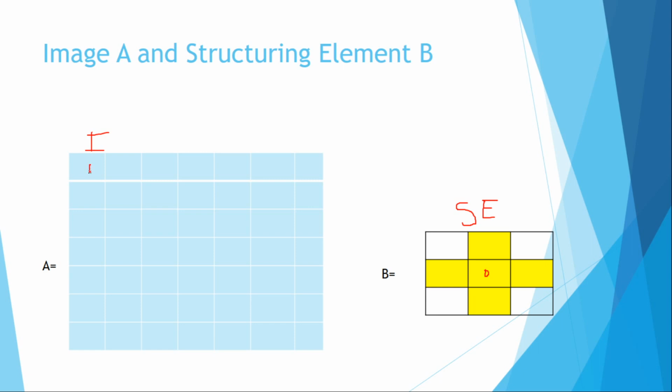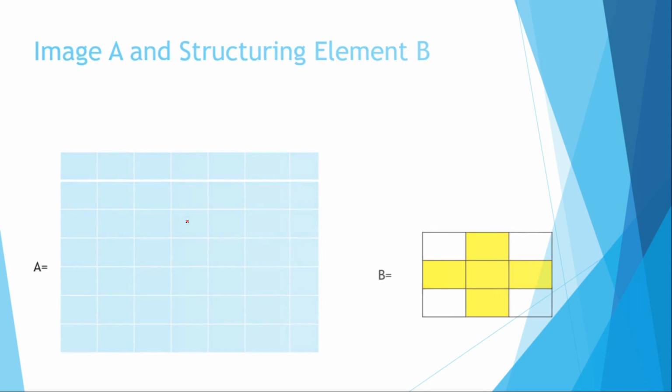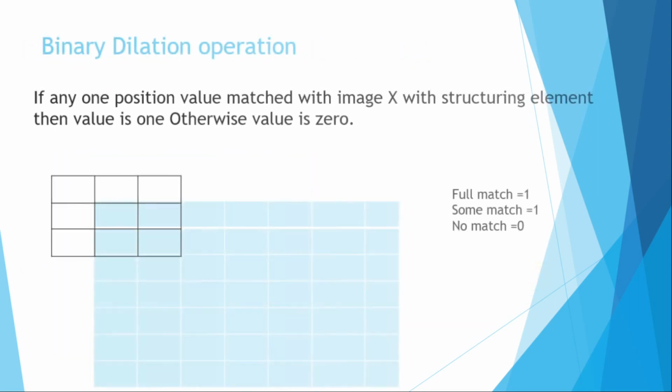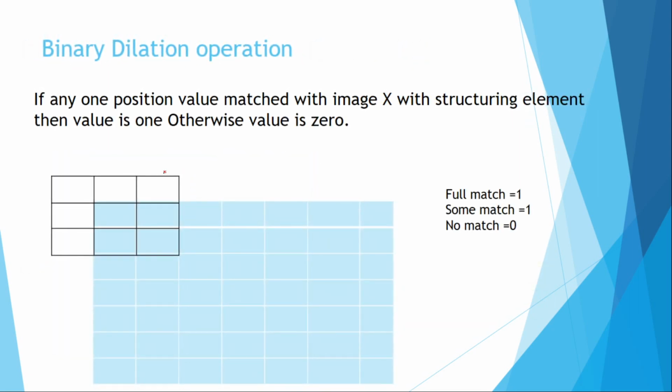So I want to do the dilation operation with respect to position 1. I have to keep this structuring element on this. So this will be the case, looking like this.